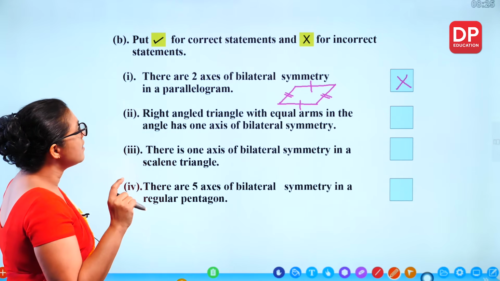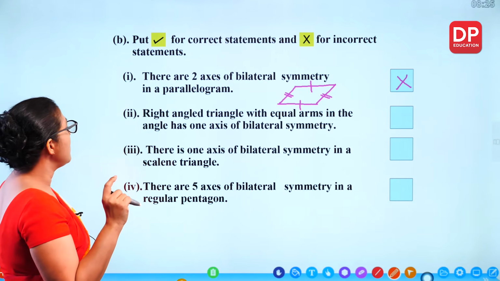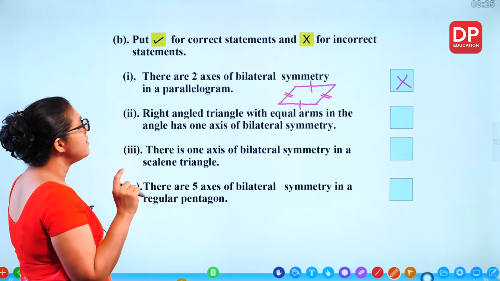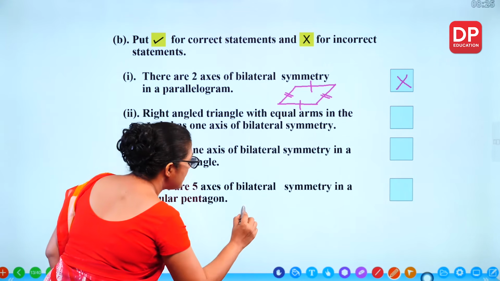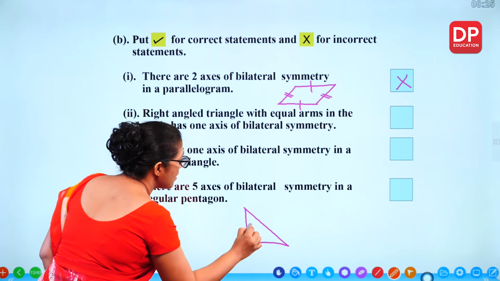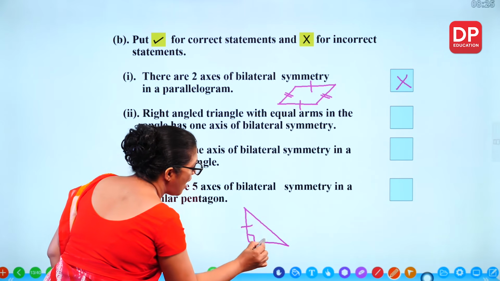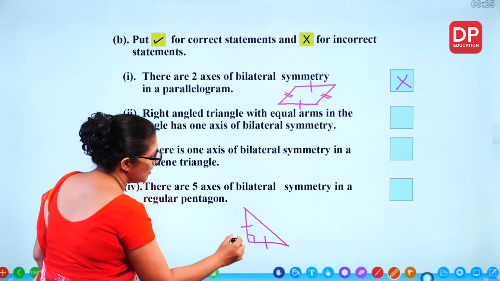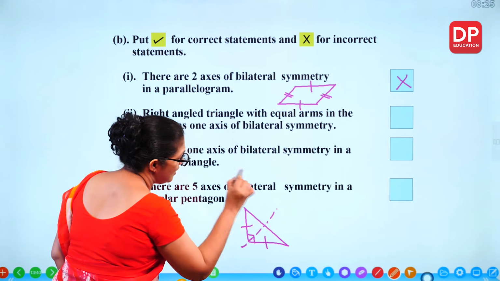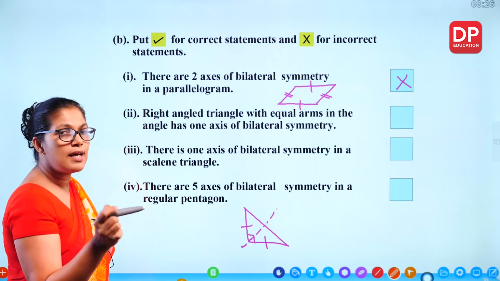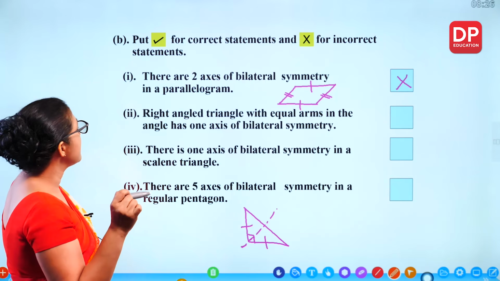Right angle triangle with equal arms in the angle has one axis of bilateral symmetry. Right angle with two equal arms. These two lengths are equal. So what's the symmetric line? We did that before. That's the angle bisector.